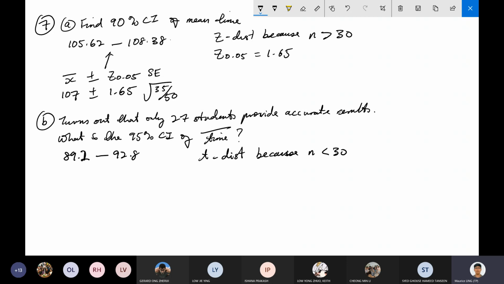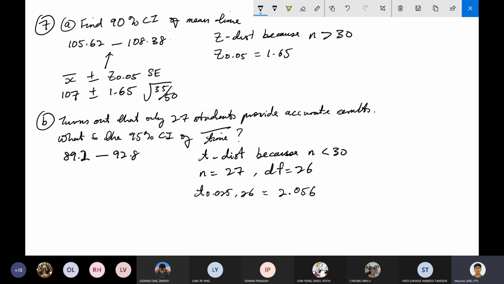Okay. And because in fact sample size equals 27, therefore the degrees of freedom is actually 26. Okay, and that's where you get this answer. So your T 0.025, degrees of freedom of 26, that gives you 2.056.